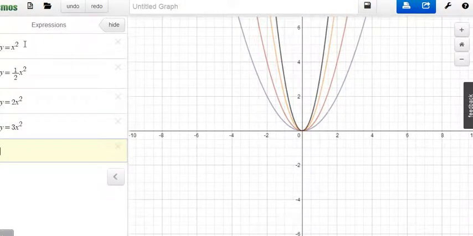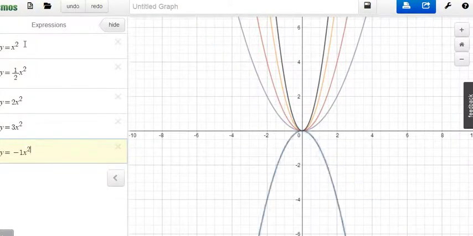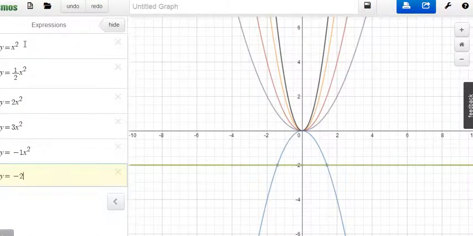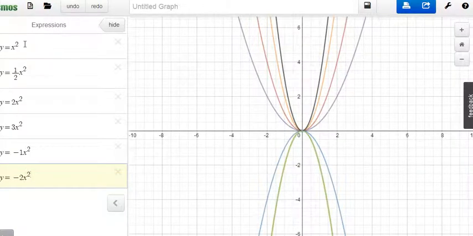We want y equals negative 1 x squared. And we want y equals negative 2 x squared. Okay, so there they are. All of them are there.